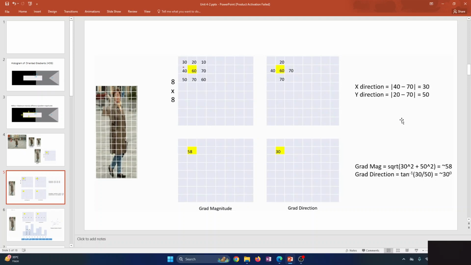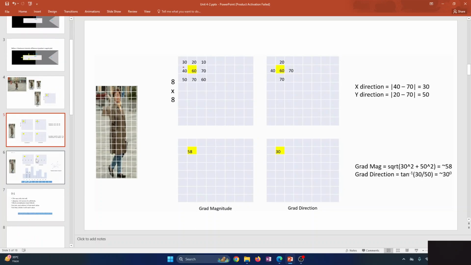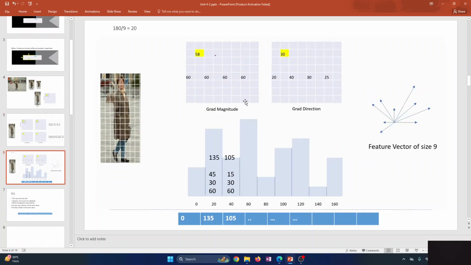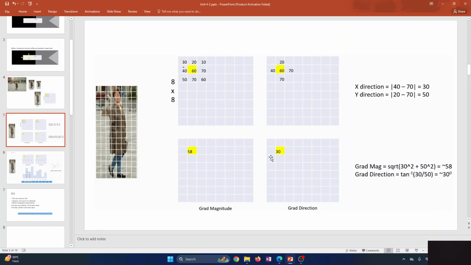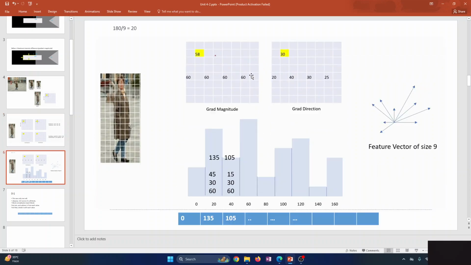Since the x and y directions are clear to you, we'll apply these two formulas to obtain gradient magnitude and gradient direction. Now there will be many values, so if we map all these values, some of them will look like this. Now we'll go to gradient direction and divide it into 9 bins: 0, 1, 2, 3, 4, 5, 6, 7, 8.